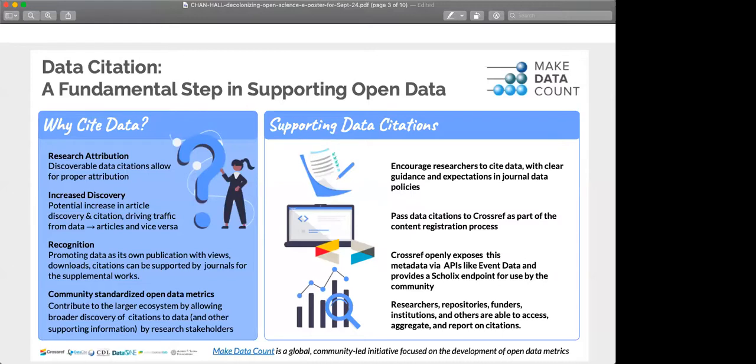We're also completely aware that once you turn data into metrics, which we think can help to evaluate them a little bit, people will start gaming the system. We see something like salami publishing, salami slicing, and for data publications as well, people will start, instead of just uploading one large data set with multiple components, to slice it up into 5 if 5 counts more than 1.